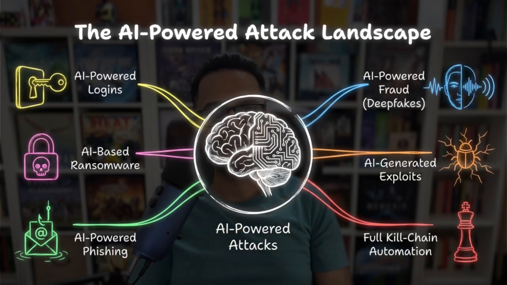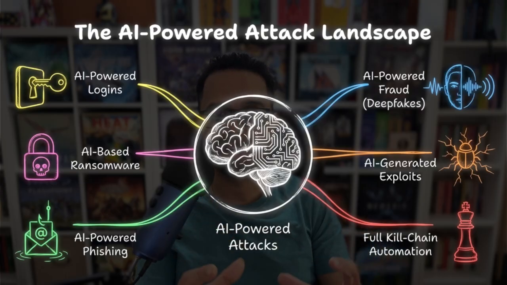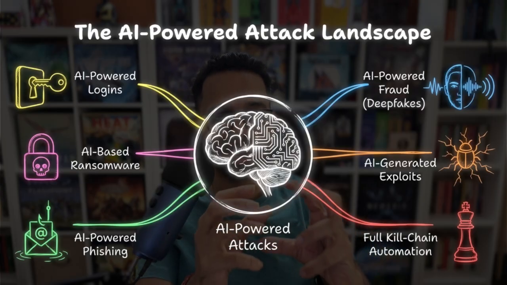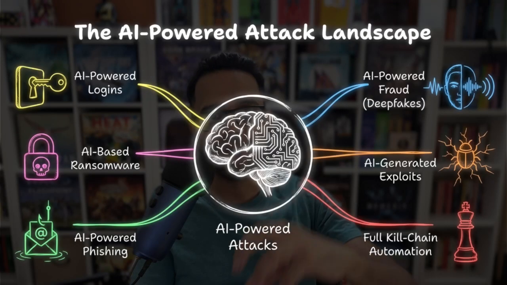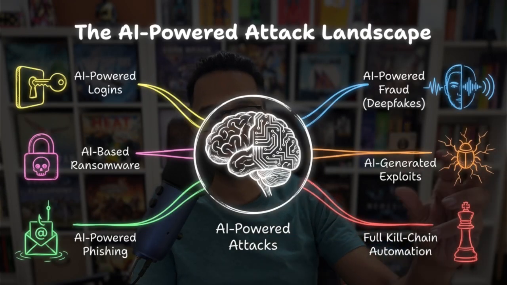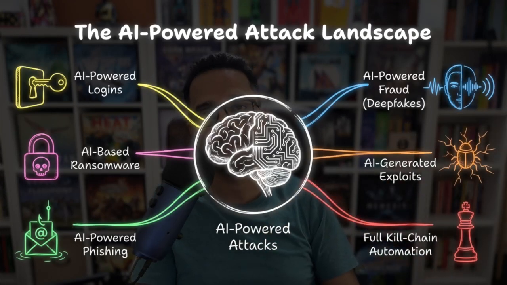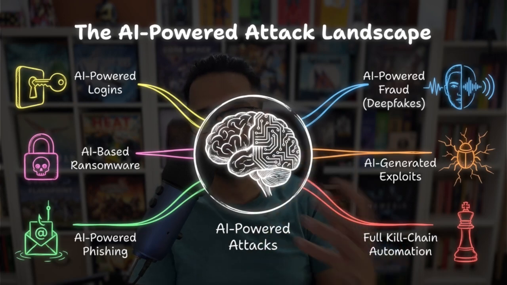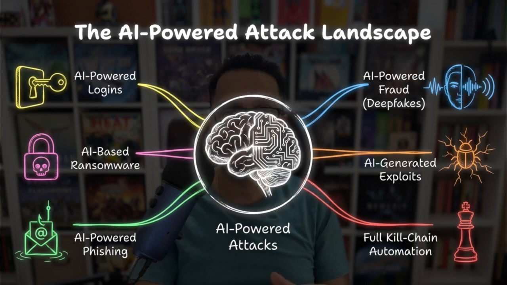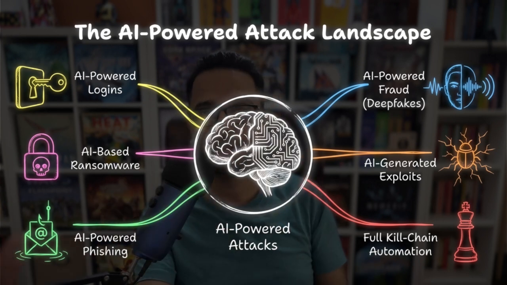What I mean is there are agentic orchestrations available where there are swarms of agents in the same ecosystem. One is trying to find out targets. One is creating the AI-powered phishing. One is trying AI-powered logins, trying to get unauthorized access to systems. One system is actually doing a deepfake.